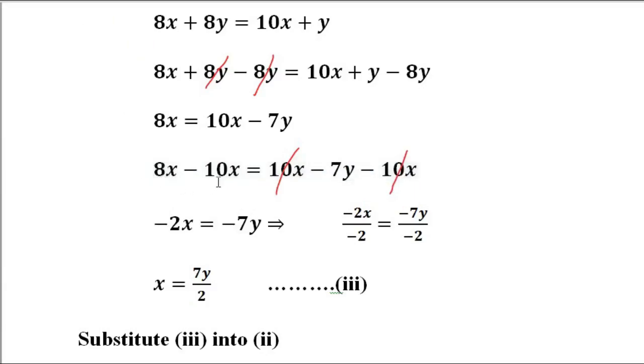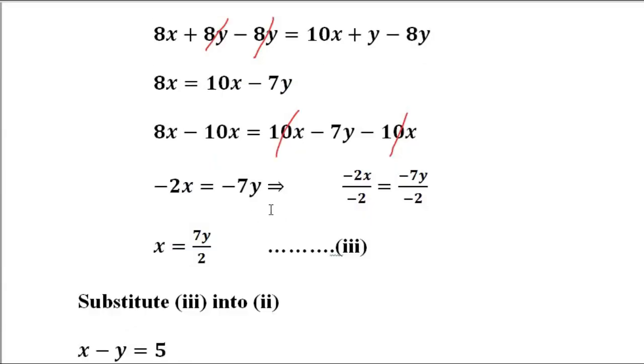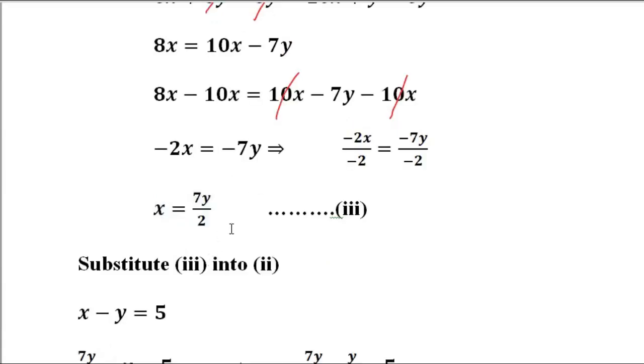We get 8x and negative 10x, negative 2x equals negative 7y. Next, I'm going to divide both sides by negative 2. To eliminate this negative 2 from the left side, we get x equals 7y upon 2. Let's name this equation as equation 3.